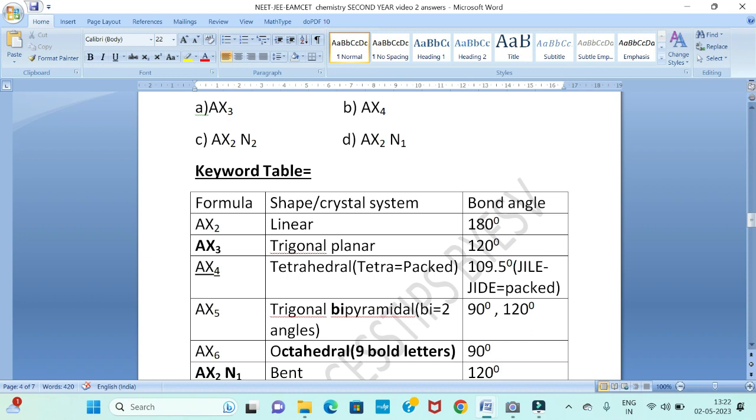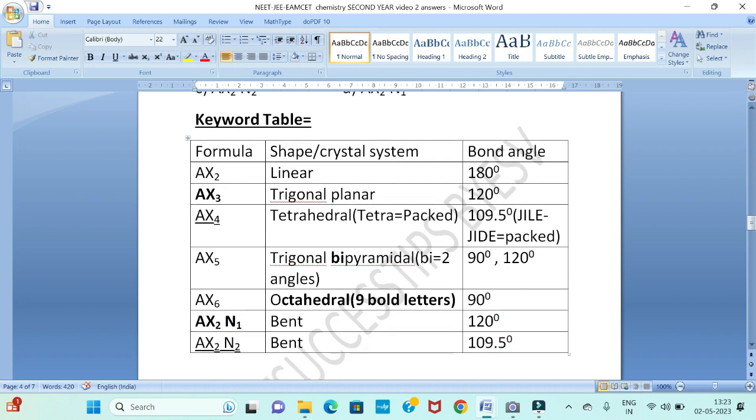They will ask by giving this formula, match with the crystal systems or match with the shapes of those compounds. Compound formulas I have given: AX2, AX3, AX4, AX5, AX6. So these are the shapes or crystal systems, and these are the bond angles. So in our question AX3, AX4: AX3, AX4 is 120, 109.